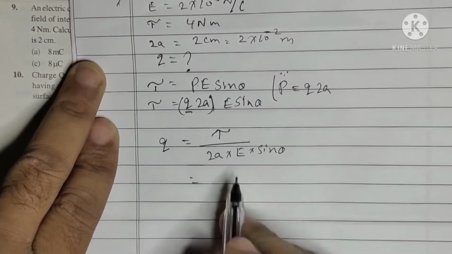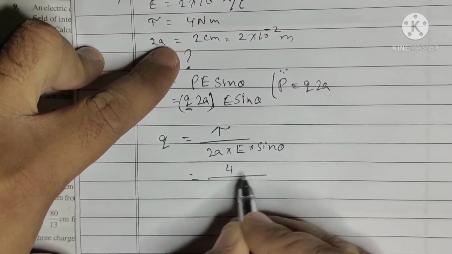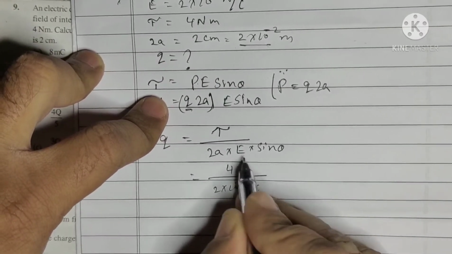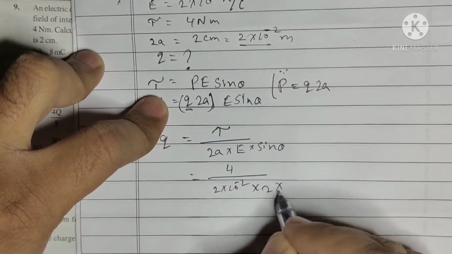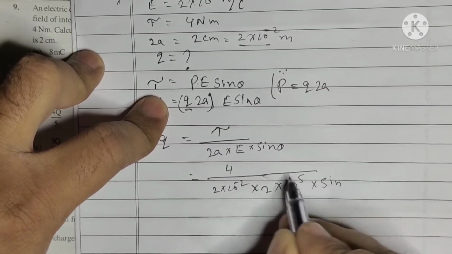So these are the given values. Substitute here. Torque is 4, 2a is 2 into 10 power of minus 2, E value is 2 into 10 power of 5, into sin of angle 30.